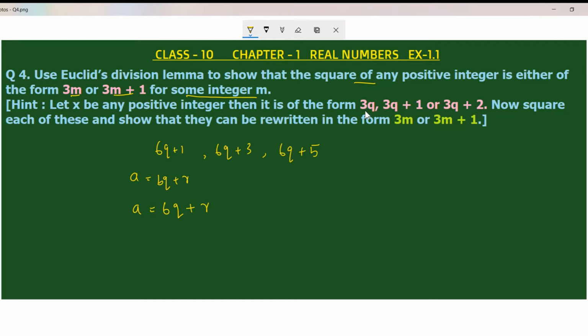You can see this is in the form of the right hand side of Euclid's division lemma. So first we are going to assume let x, or a, be any positive integer, and then we are going to rewrite this equation in the form of 3m or 3m plus 1. Let's see.